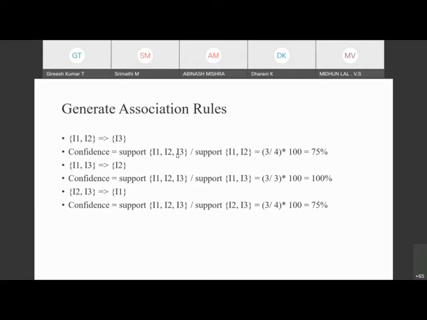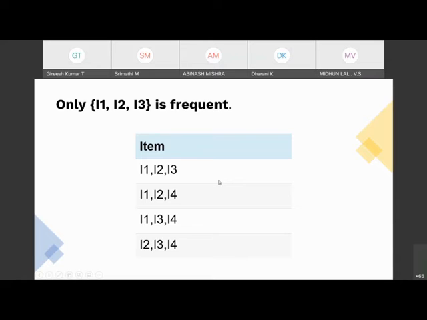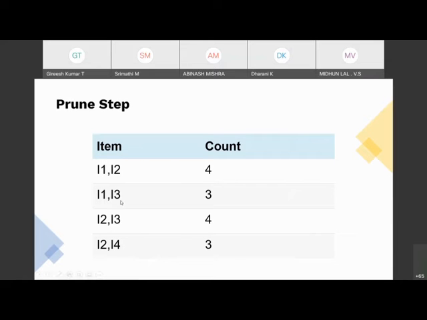Now we can go to the next rule. I1, I3 implies I2. Here again you have to calculate the confidence: support of I1, I2, I3, which you already know is 3, and the support of I1, I3, we can look into that. What is the support of I1, I3? You can see that the support of I1 and I3 is again 3.